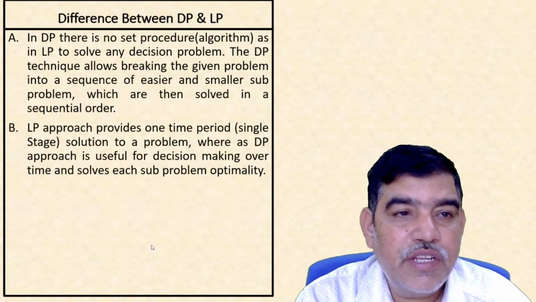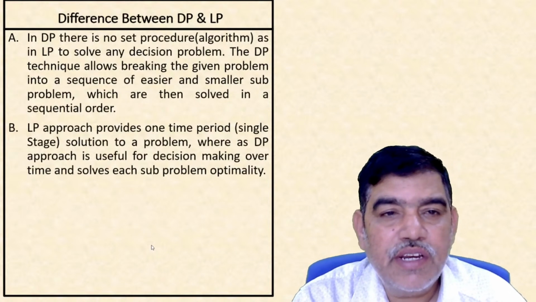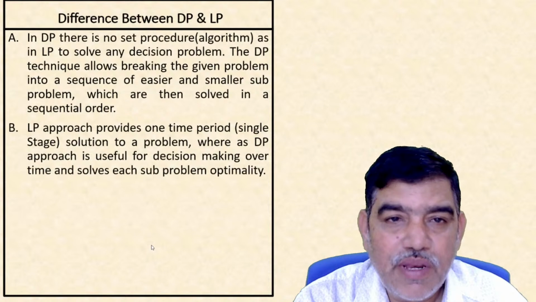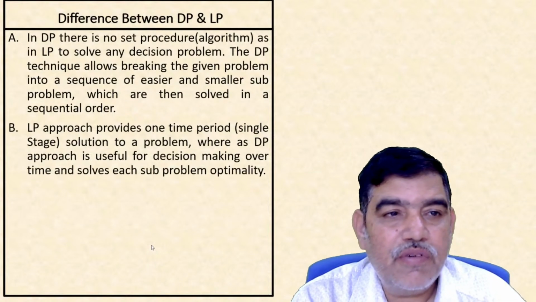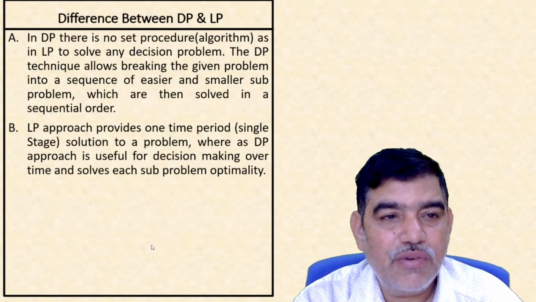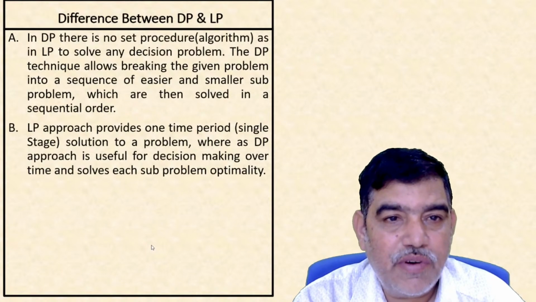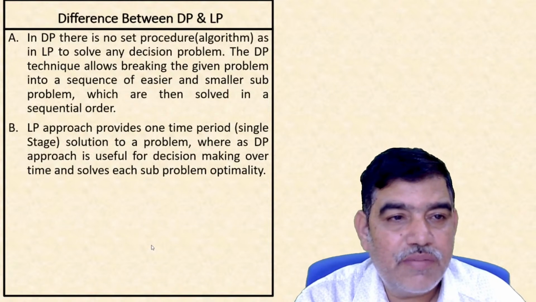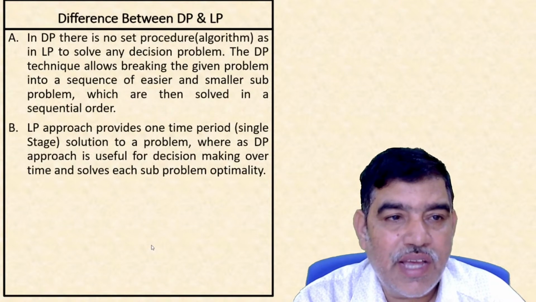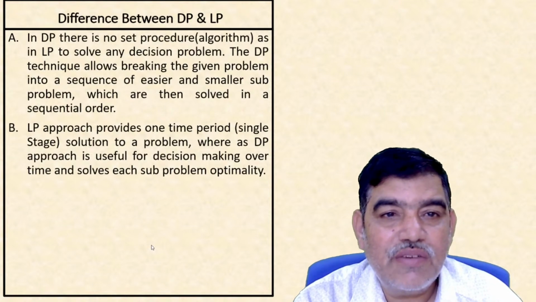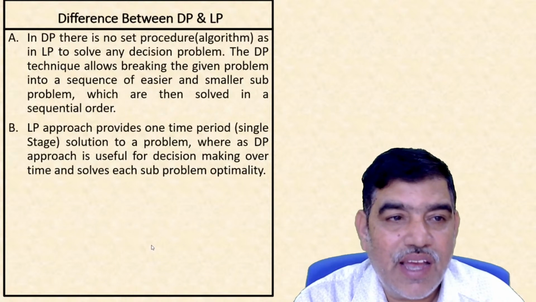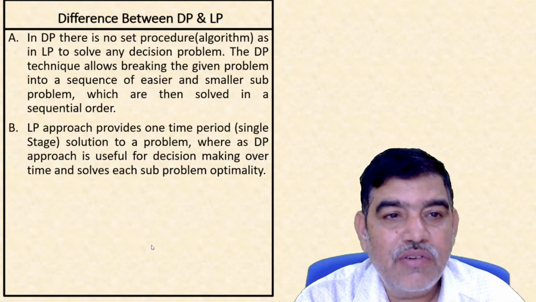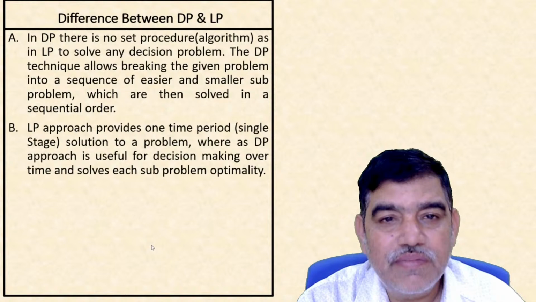Now we discuss the difference between a dynamic programming problem and a linear programming problem. As we know, in a linear programming problem, there is a systematic algorithm, and on the basis of that algorithm we can solve the problem. In dynamic programming, there are no set procedures or algorithm as in LPP to solve any decision problem.